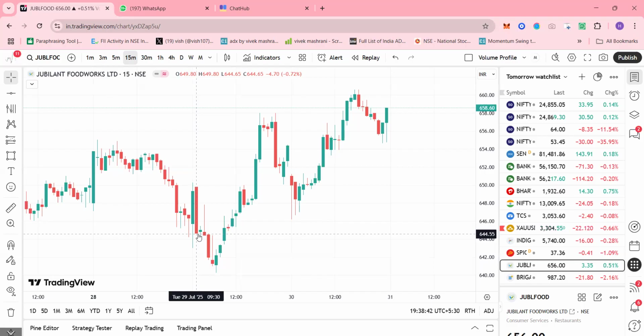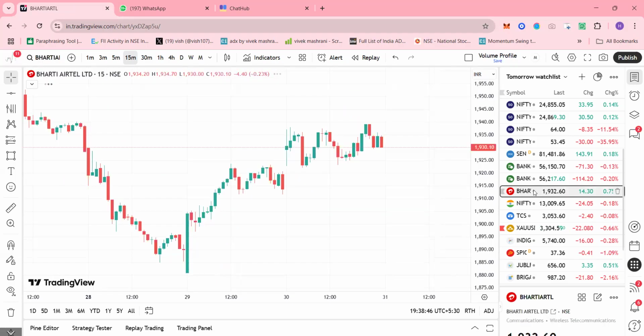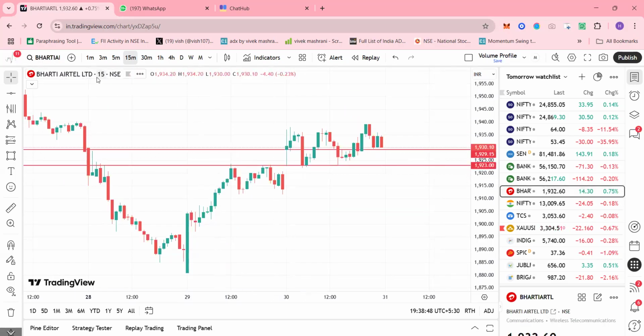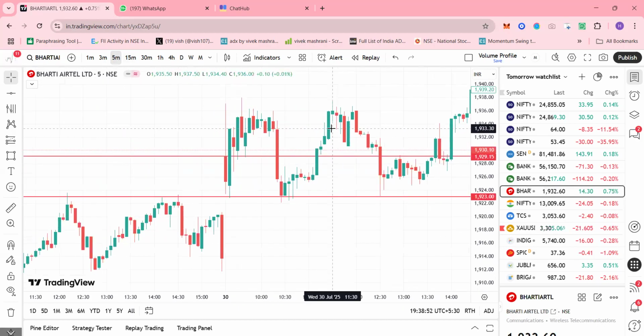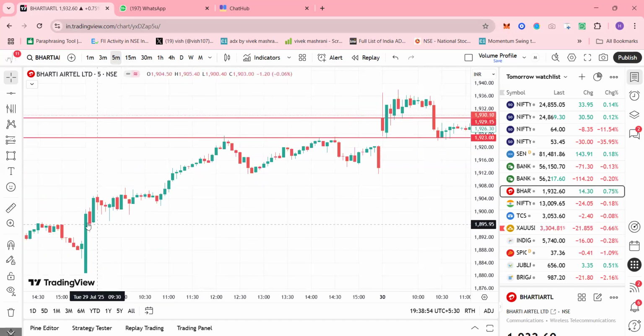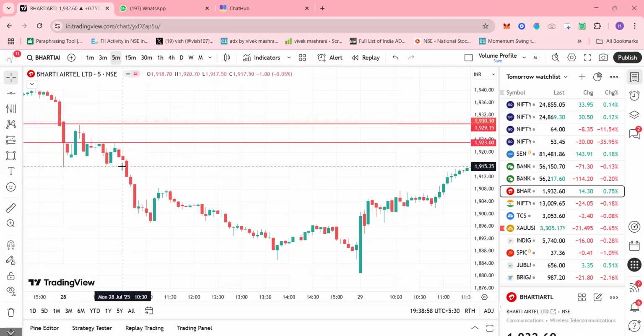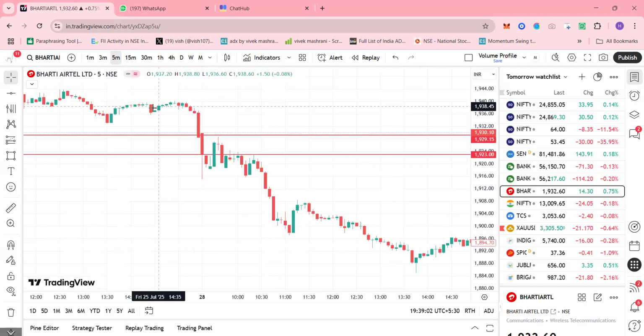You want to check maybe Bharti Airtel? Okay, we'll check Bharti Airtel. It's not a very high trending stock, but we can take maybe yesterday or the day before. We'll take the day before, the 28th.